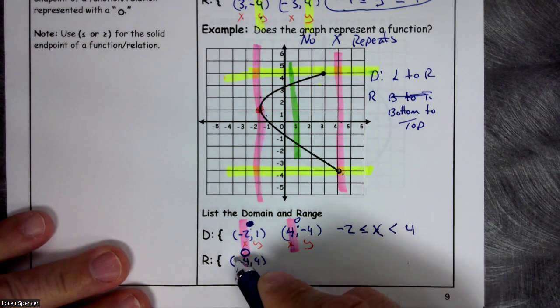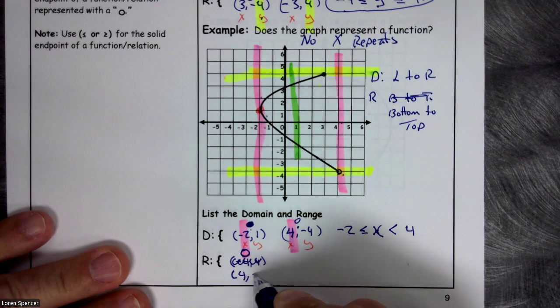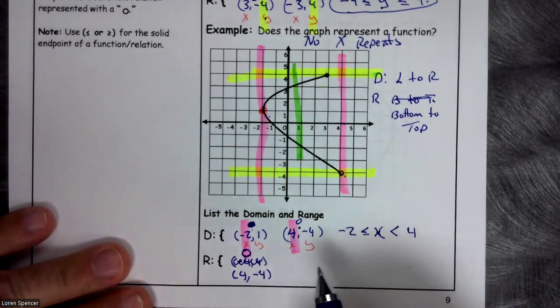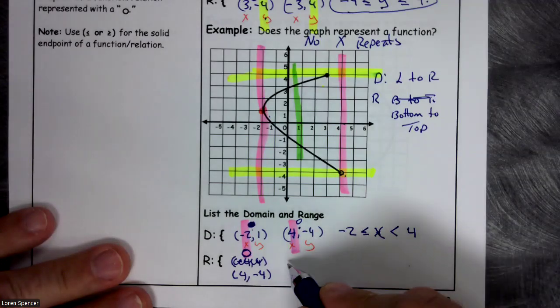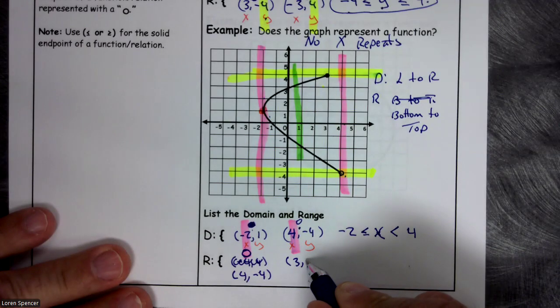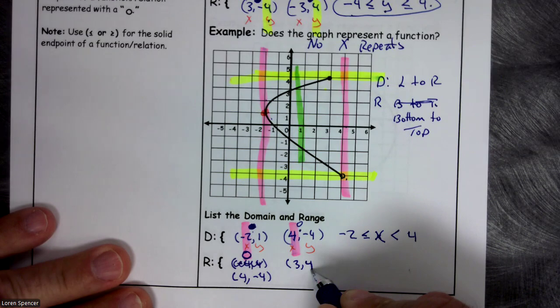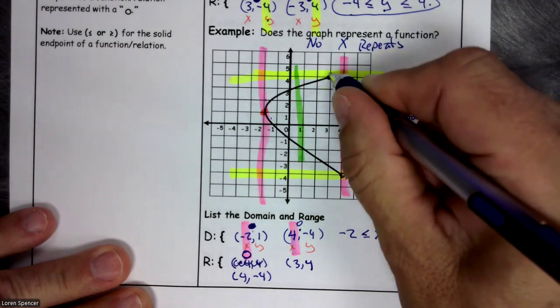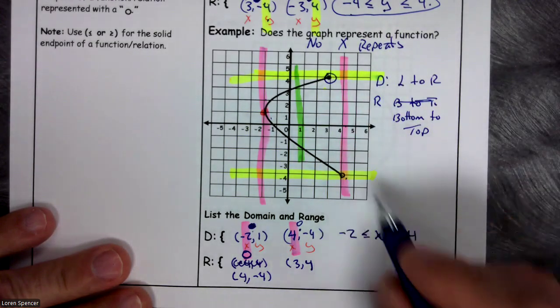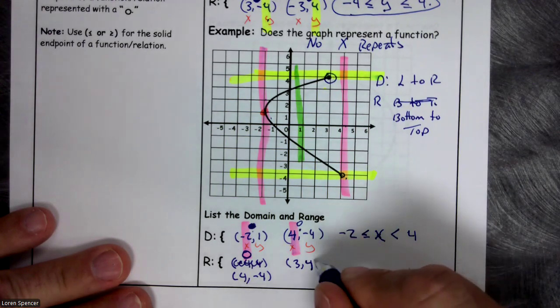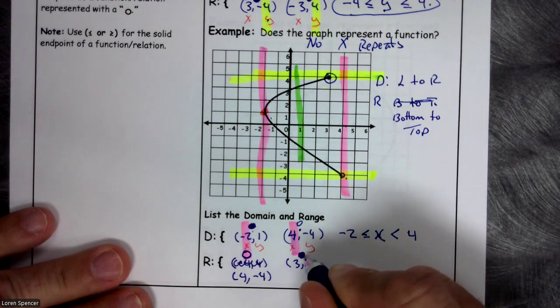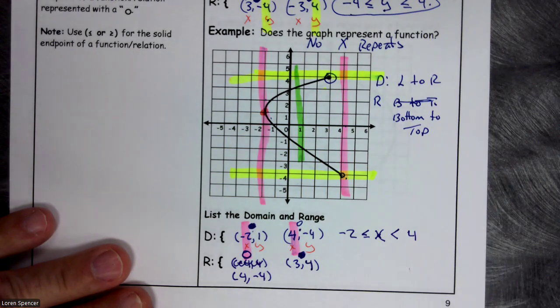I'm sorry, I wrote this wrong. This is at 4, -4. And this is at 3, 4. That point, 3, 4, has a solid.